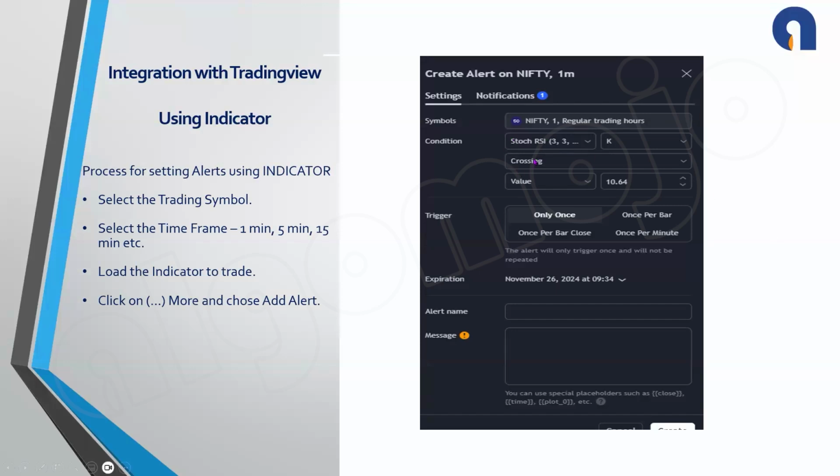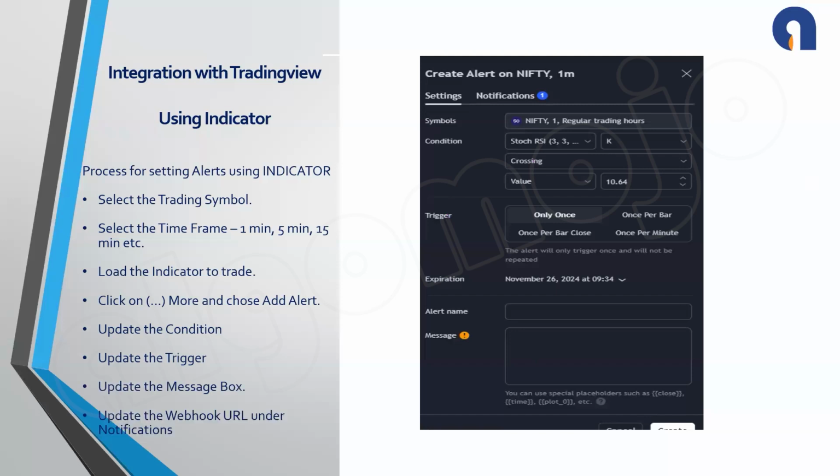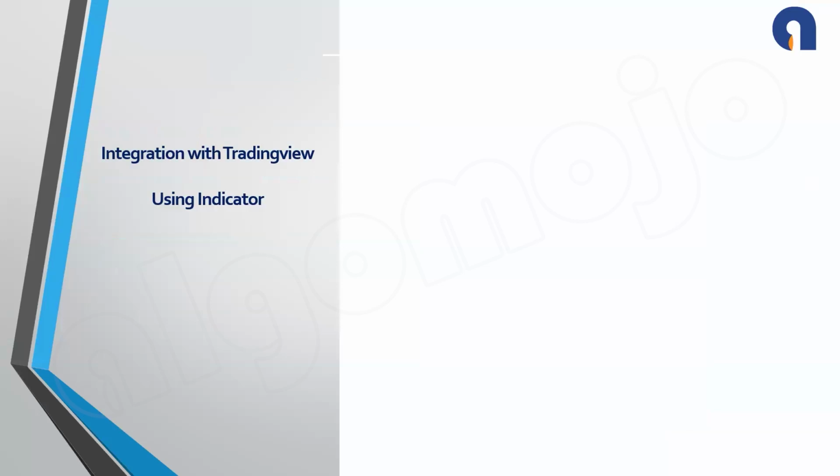In strategy, you just had one, whereas here you have to update the condition and the trigger also, and then update the message box. For indicators and for price-based action, you have to create two alerts, one for entry and one for exit, whereas for strategy, it is just one. So update the trigger and then the message box and then update the webhook URL. You're done. You're ready for receiving the signals.